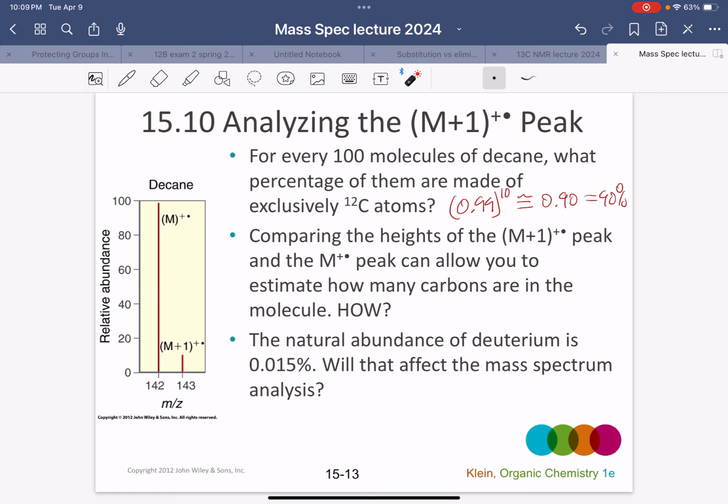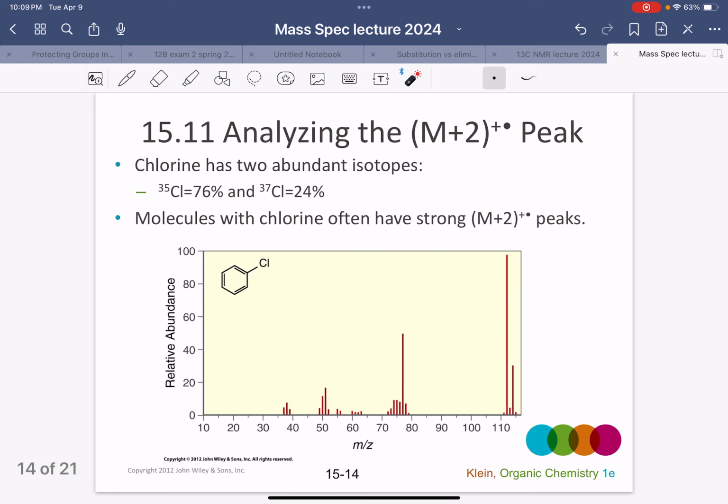But there are other elements that have more common isotopes, and we can use those to help identify what we might see. And that's where we get into the M plus 2 peak. So as an example here, we've got chlorine 35 and chlorine 37.